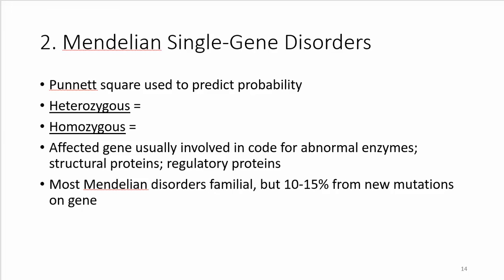These two terms, heterozygous and homozygous, refer to the alleles in the two genes in the pair. So when the two alleles are different, we have a dominant and a recessive, then that gene is considered heterozygous. When the two alleles are the same, either both dominant or both recessive, that's considered homozygous.